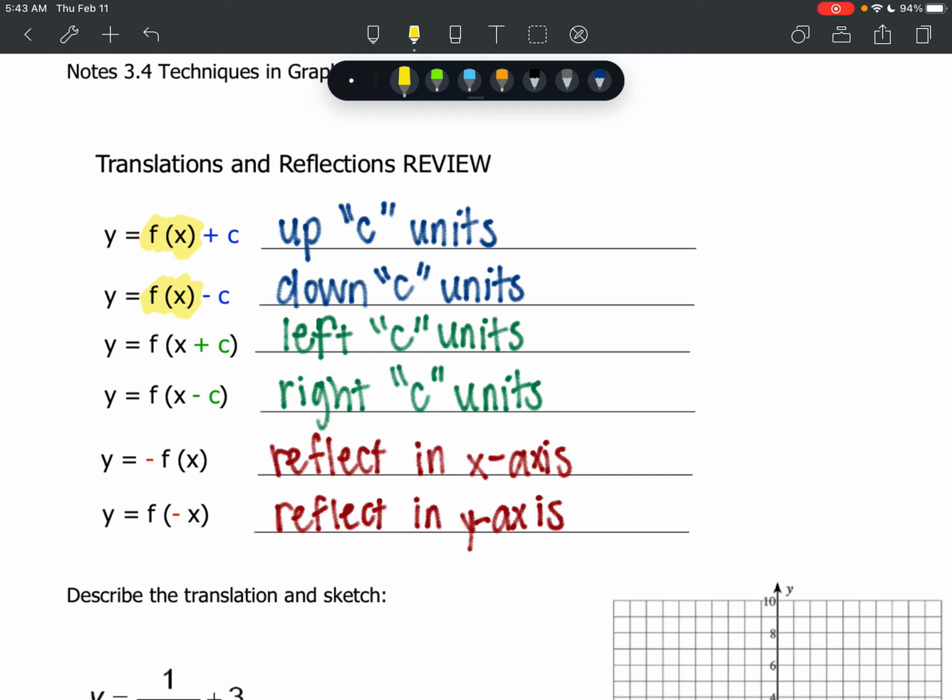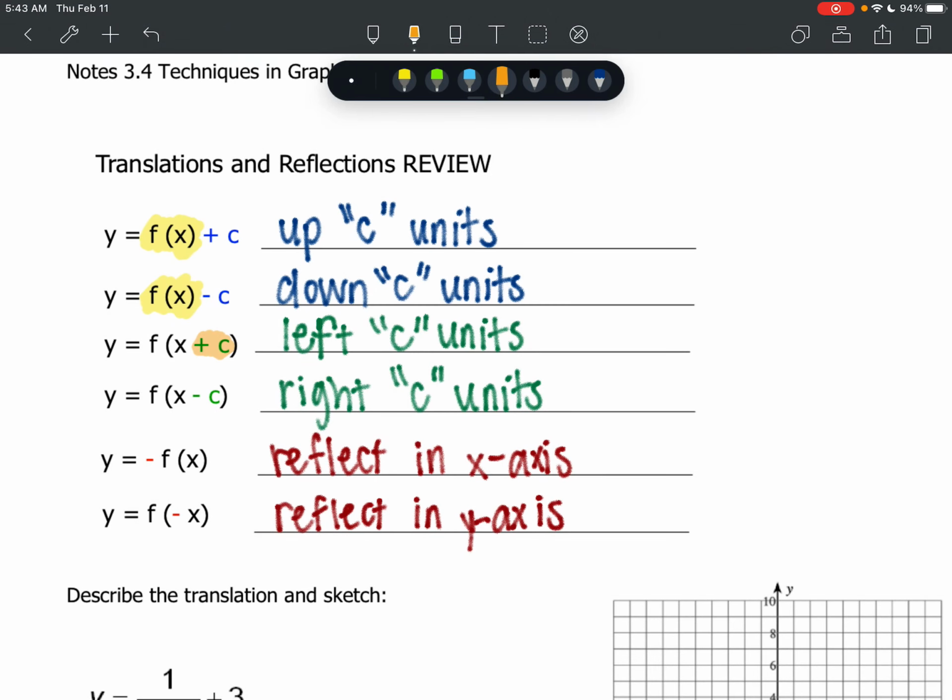Now, sometimes we add or subtract inside the function. So that's what we're seeing right here, is we're adding inside the function. When we add inside the function, we're going to move our parent function left. And when we subtract inside the function, we're going to translate our parent function right.